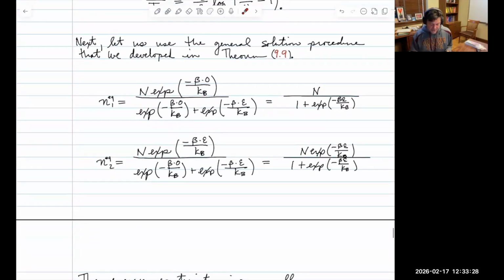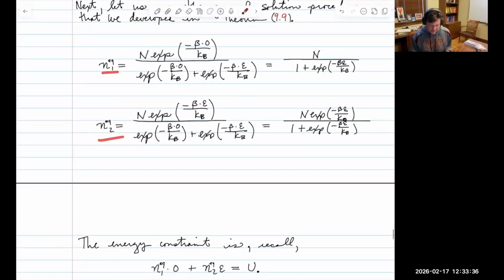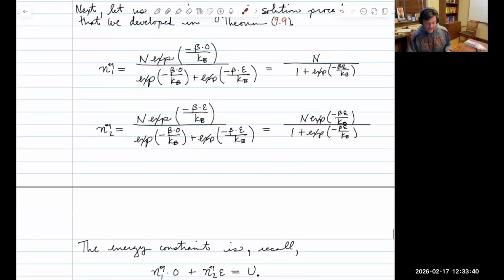So I can go through the general procedure for equilibrium from Theorem 9.9 that told us what the numbers n1 and n2 should be equal to. Okay, so I'm just going to use that prescription. Remember, it's some complicated formula involving n, the partition function on the bottom, an exponential of a function on the top.